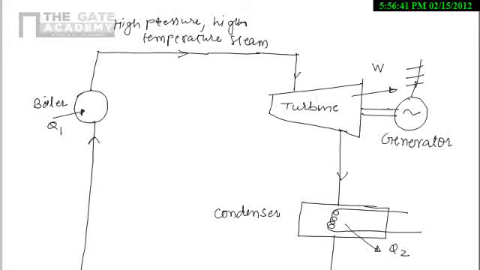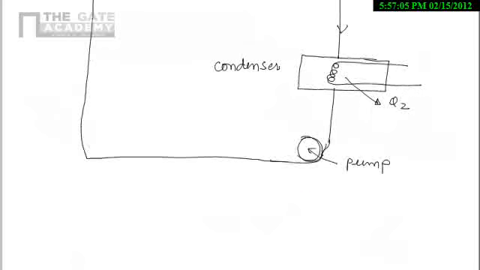That's why we call it a steam power plant, because steam is used for generating power. After expanding and doing work in the turbine, the steam goes into the condenser. Here in the condenser the temperature of the steam decreases and it converts into water. Now this water is pumped through this pump into the boiler again.